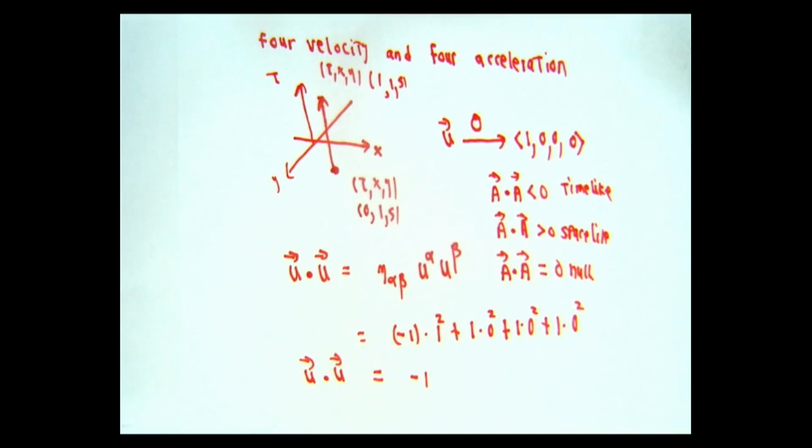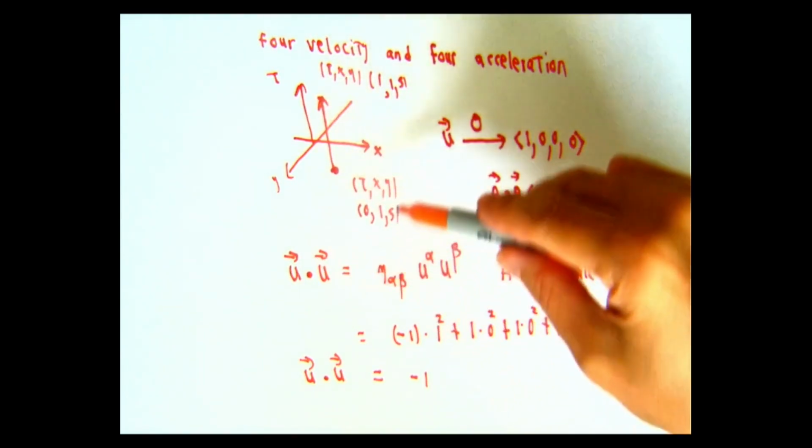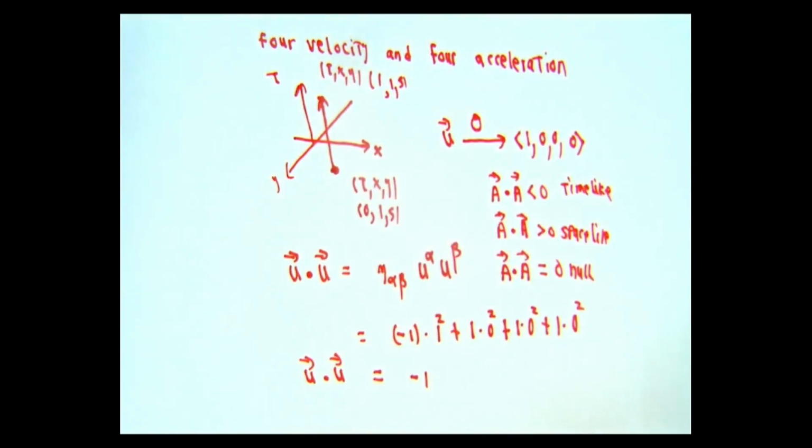In the case where it's negative, like for a 4 velocity, we call the vector time-like because in the space-time diagram, the change in position is dominated by the time change. If A dot A is larger than 0, we call that space-like, and if A dot A is exactly 0, we call such a vector a null vector.